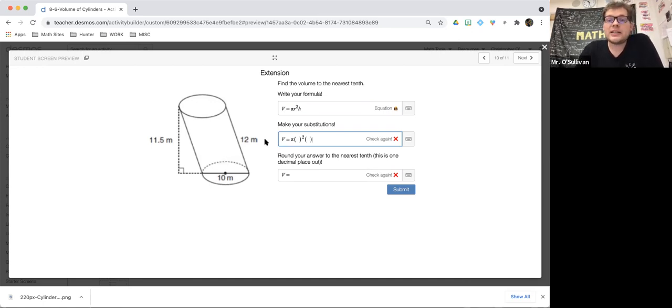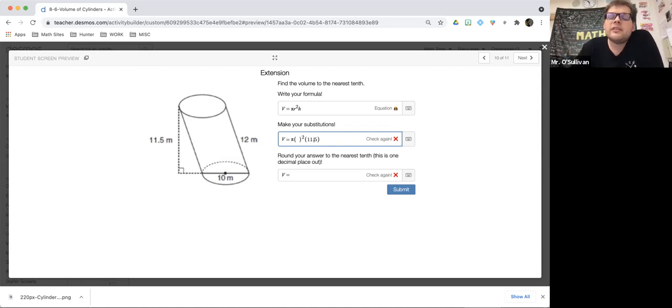Now here's the trick question that a lot of you tend to mess up. Is 11.5 my height or is 12 my height? It's your 11.5 because remember, we measure ourselves vertically. If you're at the doctor's office and they say, what's your height? You're not standing like this and then measuring yourself. No, you're standing up straight. So my height is 11.5.